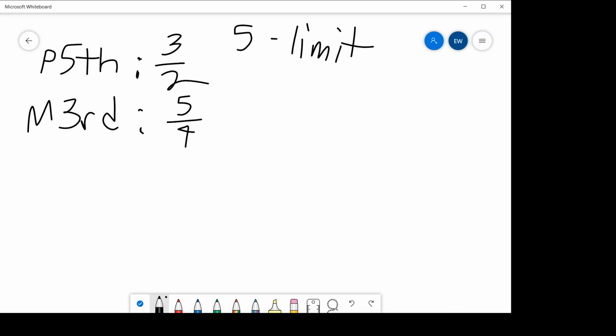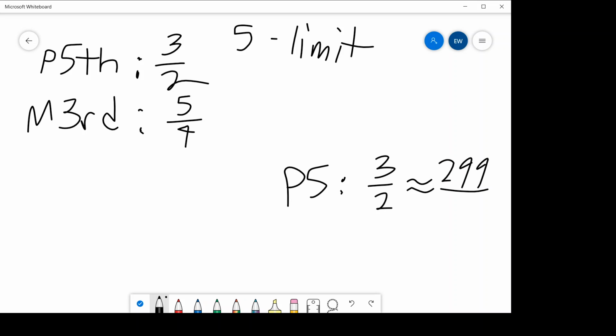Let's say that we had this perfect fifth, which is 3 to 2. In our modern tuning system of equal temperament, this interval of a perfect fifth is actually slightly flat. So maybe in our system, we have the ratio 299 to 200, which is slightly less than 3/2.